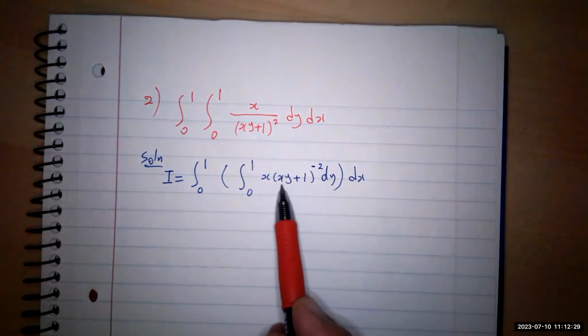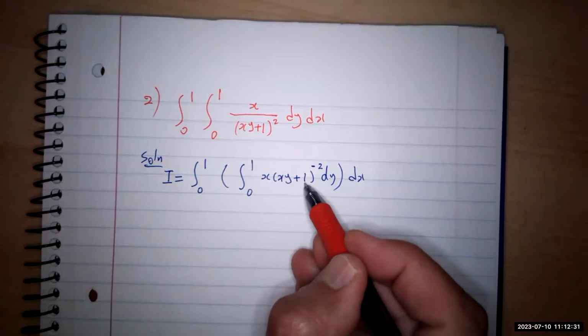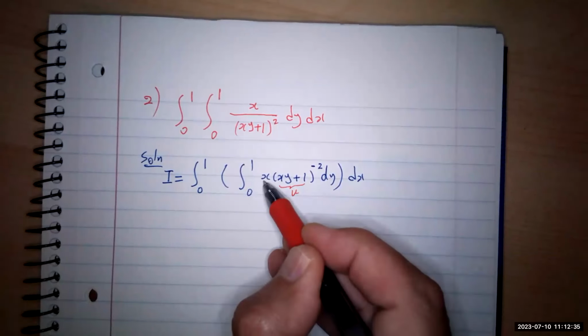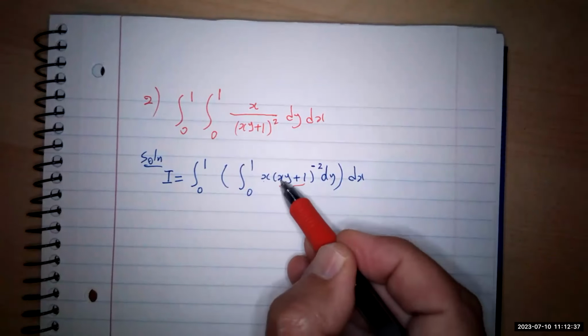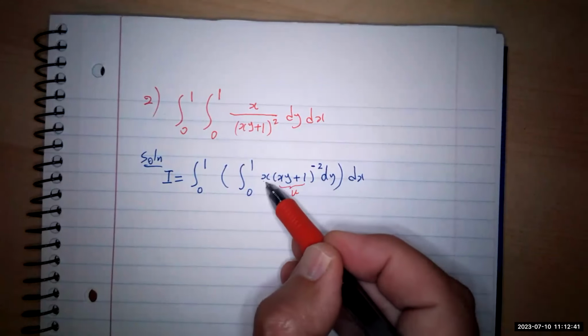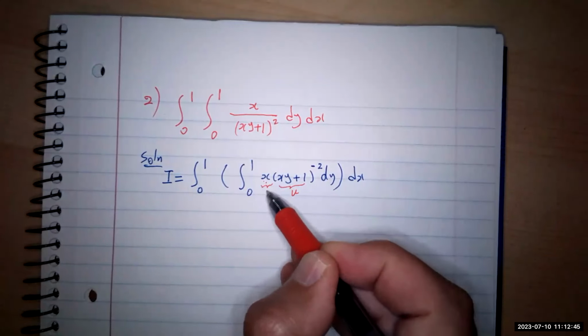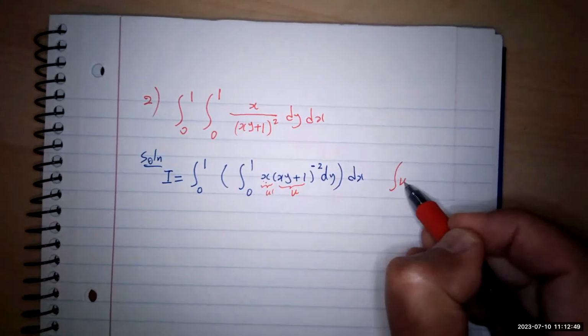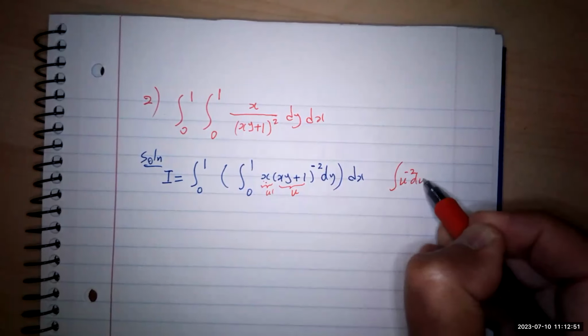If you take this one to be u, you need the u prime for the du. U prime is differentiated with respect to the y. The derivative would be x, so the x is already there, which is going to be your du if you like. So you realize that you're using this formula, u to the negative 2 du.